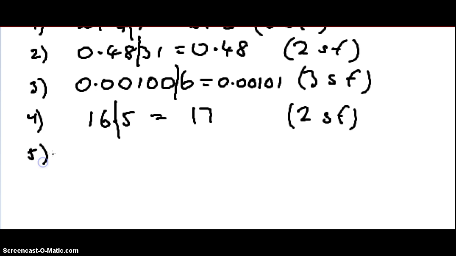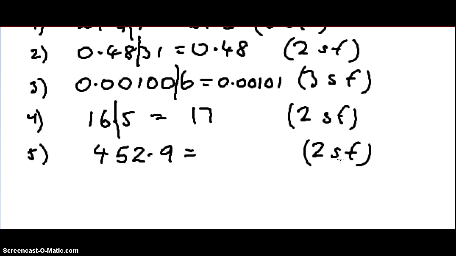The next one though is not quite so straightforward, because I've got 452.9, and I want that to two significant figures. Now in this case, I'll put my line in the right place.